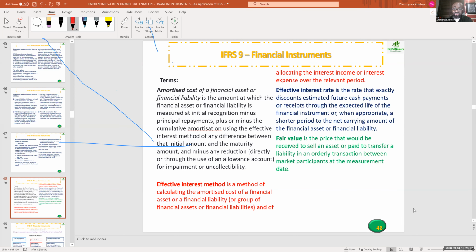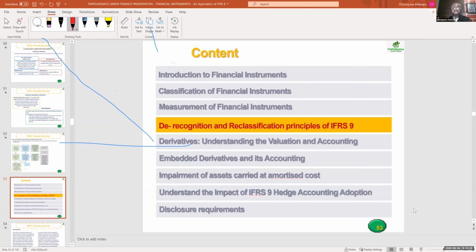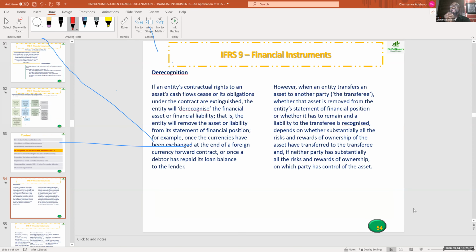Now, let us move to the first discussion today, which borders on the derecognition of financial instruments. When we talk about derecognition, it means you are looking at a process where you no longer recognize a financial asset or a financial liability in the books of a company, which means it is the whole process of removing from the balance sheet of a company an item of financial asset or financial liability.